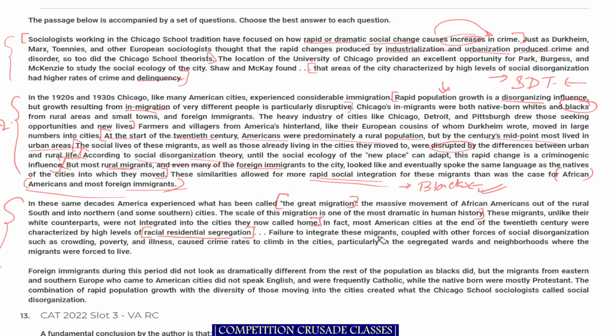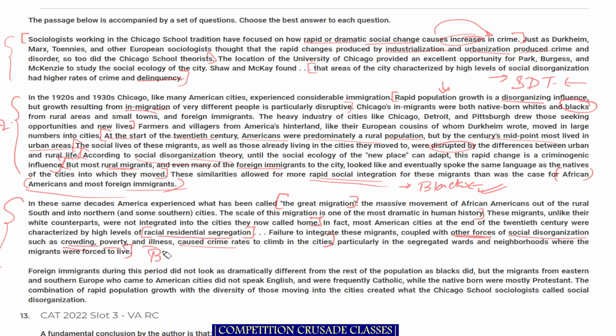Failure to integrate these migrants, coupled with other forces of social disorganization, and please pay attention, the other forces of social disorganization are crowding, poverty, illness, and so on, caused crime rates to climb up in the cities. Interesting. Particularly in the segregated wards and neighborhoods where the migrants were forced to live. So basically you can also say the black ghettos.